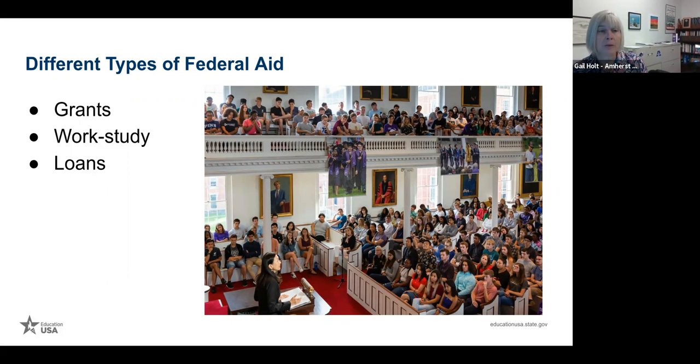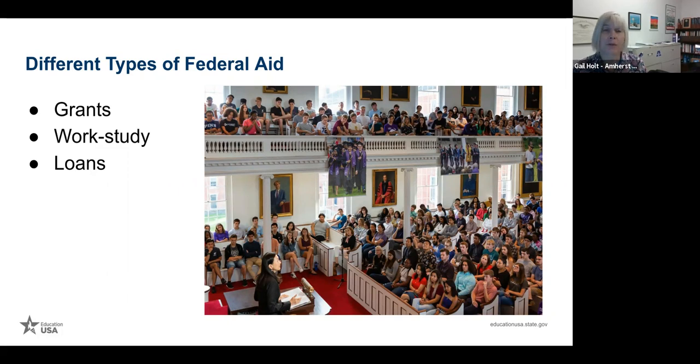So the federal grants usually are not going to cover anywhere near the cost for a student attending a US college, but they are one portion of resources that are usually complemented and supplemented by institutional funds.